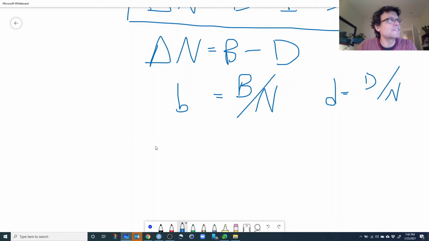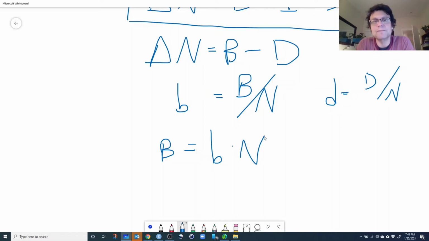Let's rearrange these equations to define what big B actually is. We just multiply both sides by n. Big B is equal to the per capita birth rate times the number of individuals in the population, right?